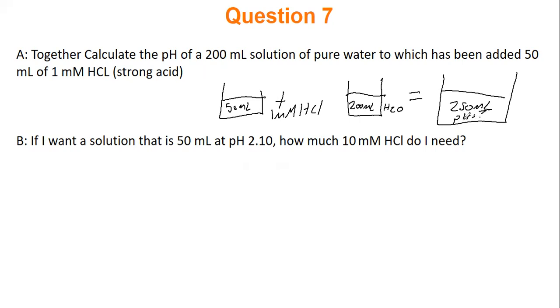pH equals what? All right, so this is a dilution equation. From general chemistry, you learned an equation to deal with dilutions. Does anyone remember what the dilution equation is? I just wrote concentration of HCl because that's what we're trying to find here.